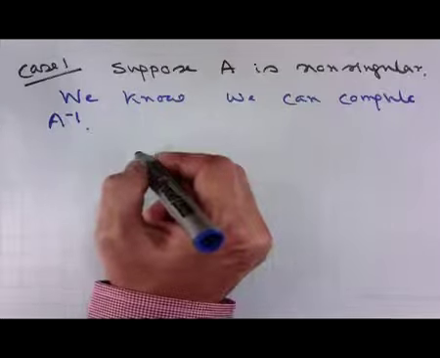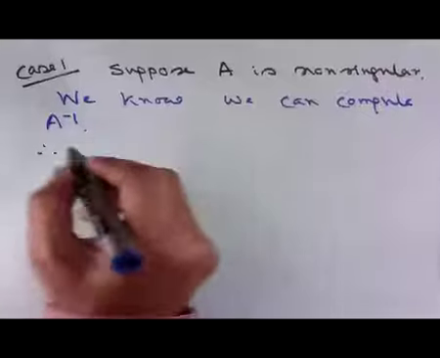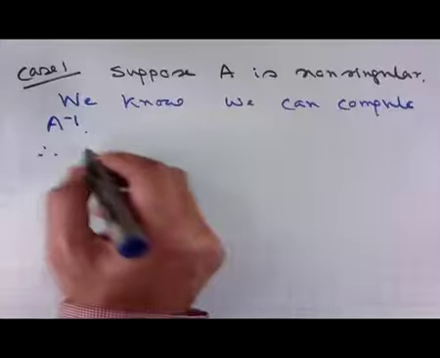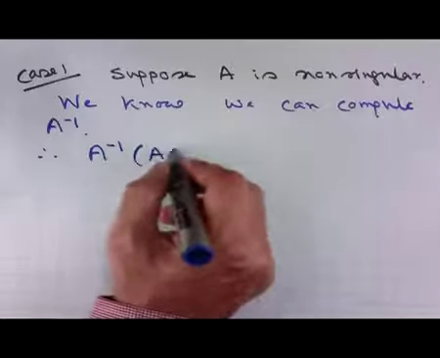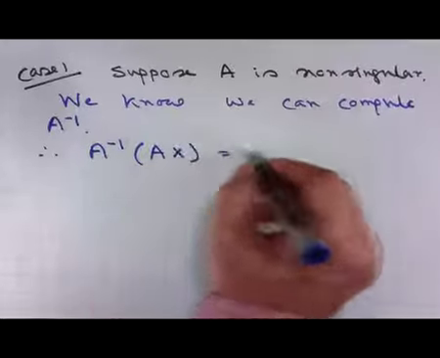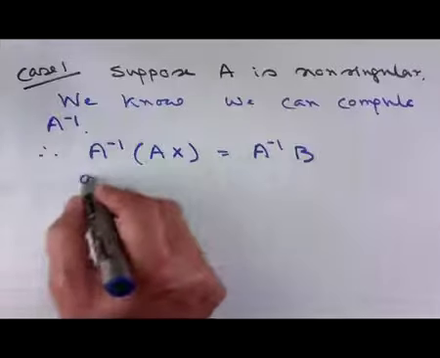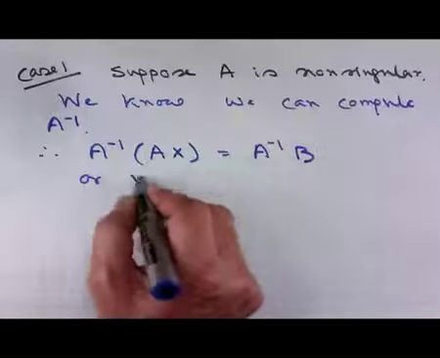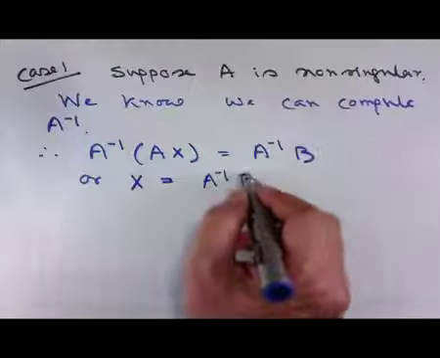This we have seen in our last class. Therefore, by pre-multiplying A inverse into Ax is equal to B, we get x is equal to A inverse B.